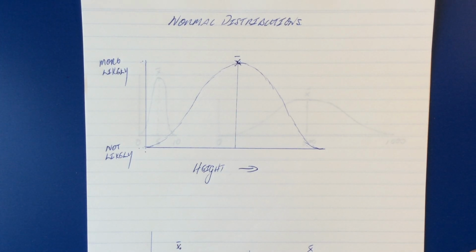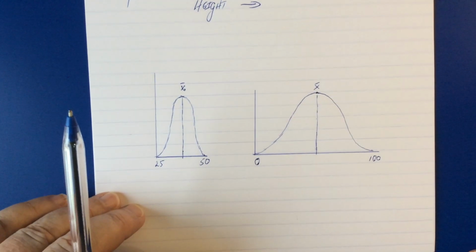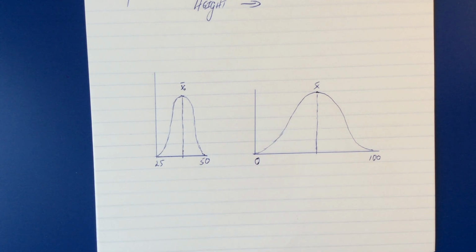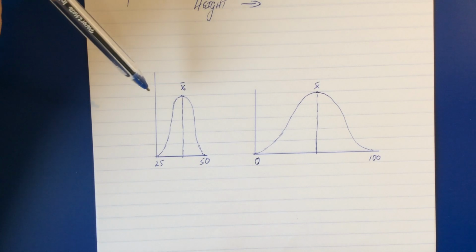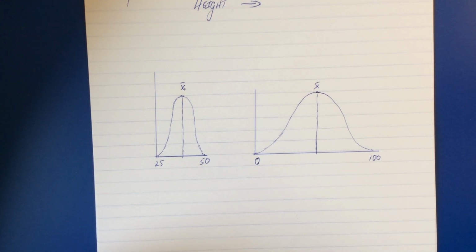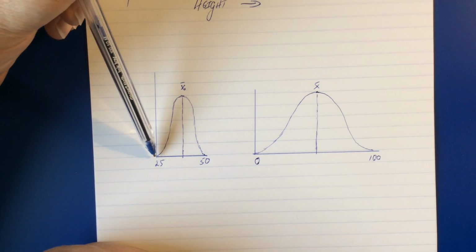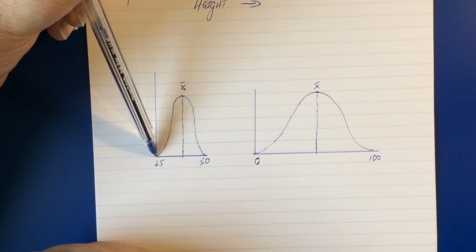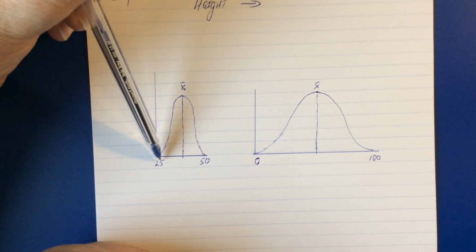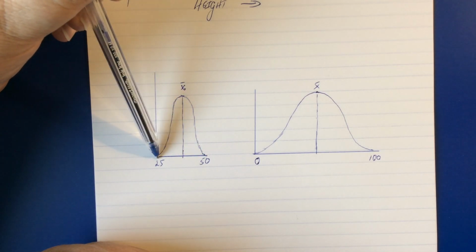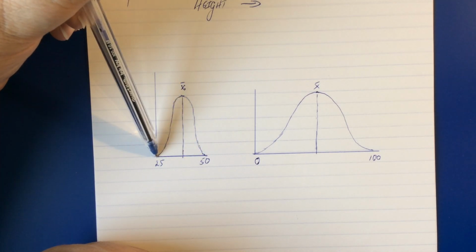Okay, so let's have a look at a couple of other normal distributions here. So I said that they were generally bell-shaped, and we looked at the example up the top of this page. Now here are two other examples, and what you can see is that in this case on the left, we have a very small range.